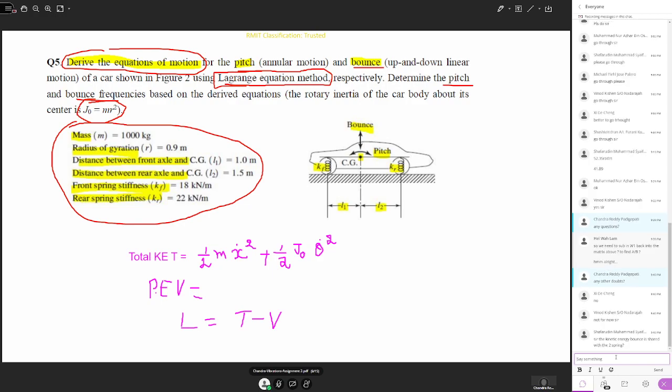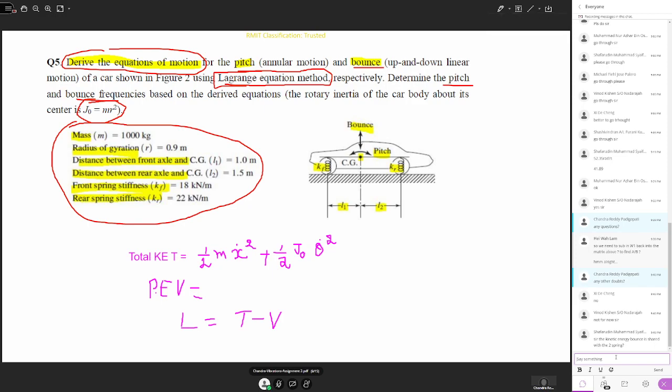Is the kinetic energy of the bounce shared with the two springs? No, because we are writing the total kinetic energy.